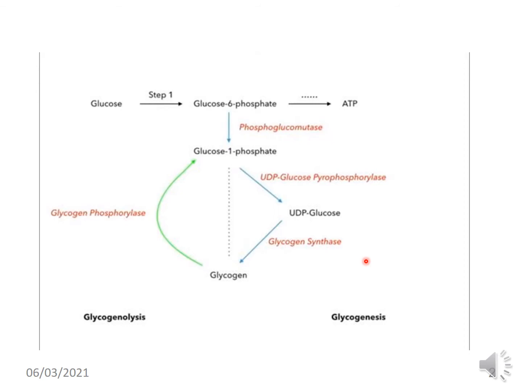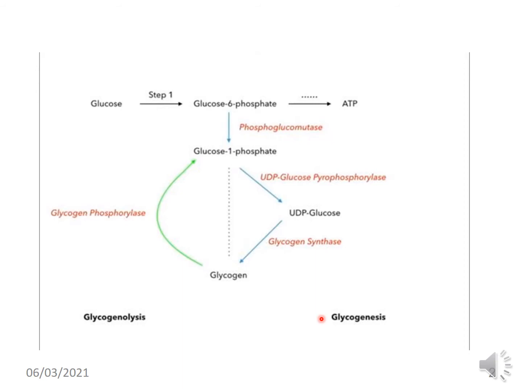In each step there is an added glucose molecule to the glycogen molecule, and you know that glycogen is composed of alpha-1,4 and alpha-1,6 linkages, and this process is called glycogenesis.